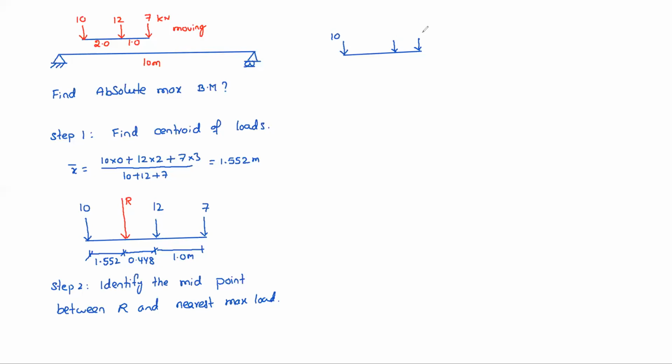10, 12, 7, R, the midpoint. Midpoint is this one, between this. That means this distance is like this: 0.448 by 2, that is 0.224.